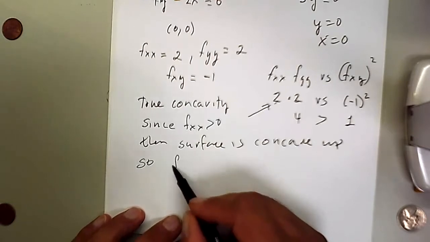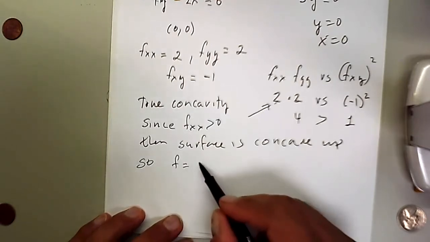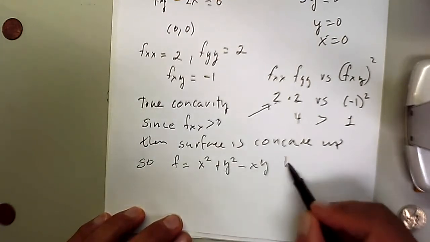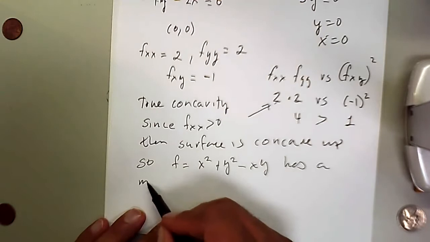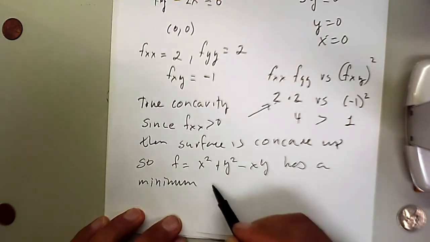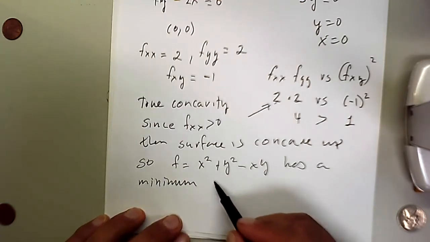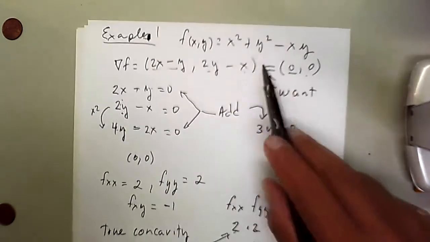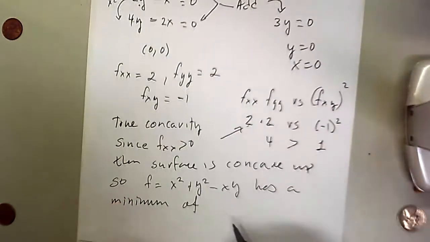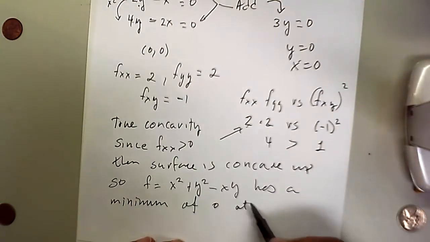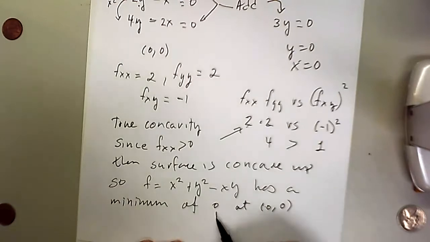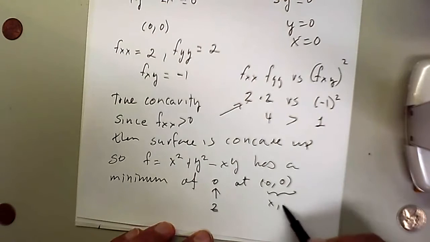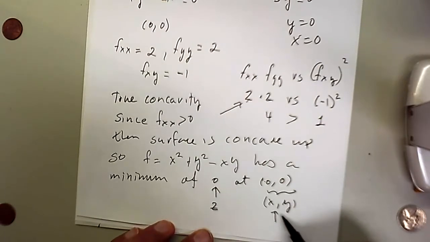So f equals x squared plus y squared minus xy has a minimum. We've got to say how much the minimum is. Well, if you plug in (0, 0), you end up with an output of 0 at (0, 0). So this is the z value, the z output, and this is the xy input at which it happens.